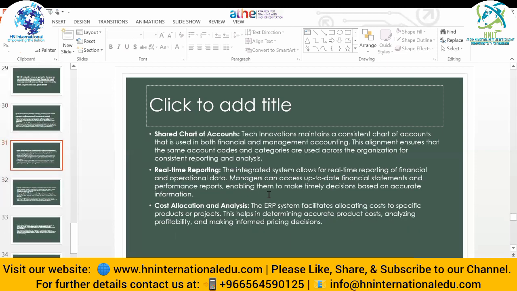Then we have a shared chart of accounts. Tech Innovations maintains a consistent chart of accounts that is used in both financial and management accounts. This alignment ensures that the same account codes and categories are used across the organization for consistent reporting and analysis.